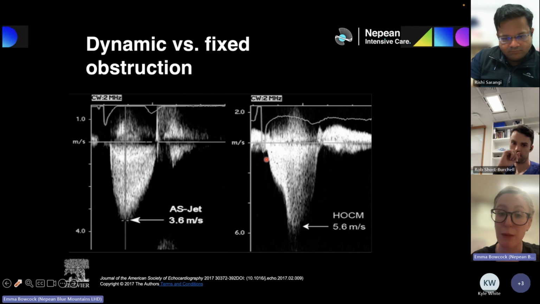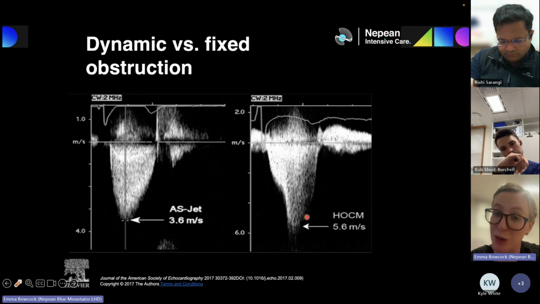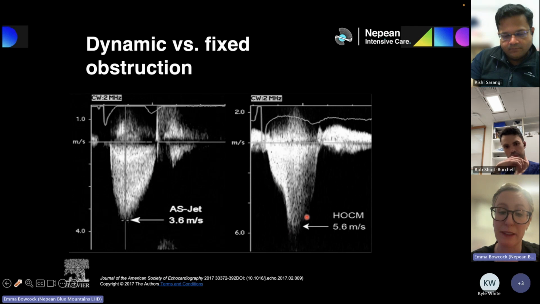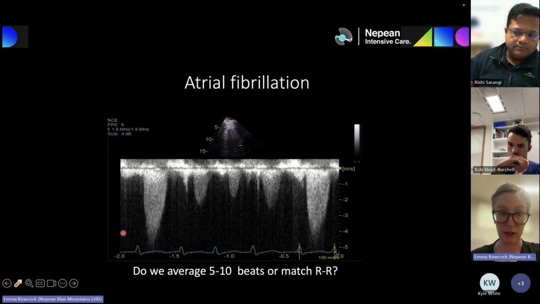If you have dynamic outflow obstruction, for example, in a patient with HOCM, or critically ill patients with whatever cause of dynamic LVOT obstruction, which we'll talk through in another session, they have this dagger-shaped, saber-tooth, late peaking jet. So it's important to know the difference between what a dynamic obstruction looks like here and what a fixed obstruction looks like here. You definitely don't want to get those mixed up.